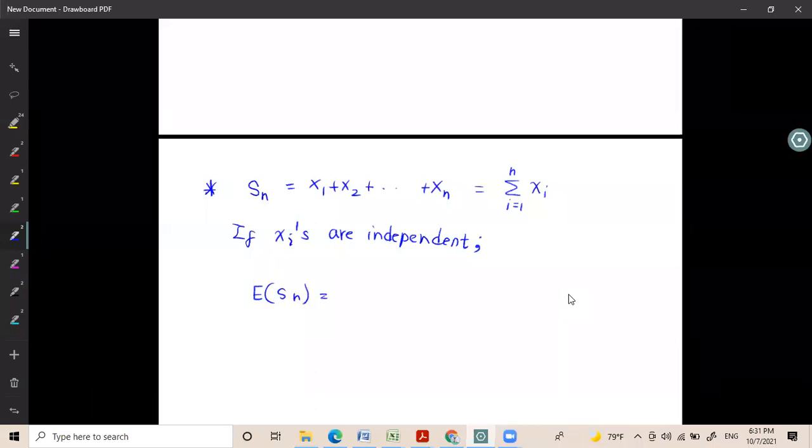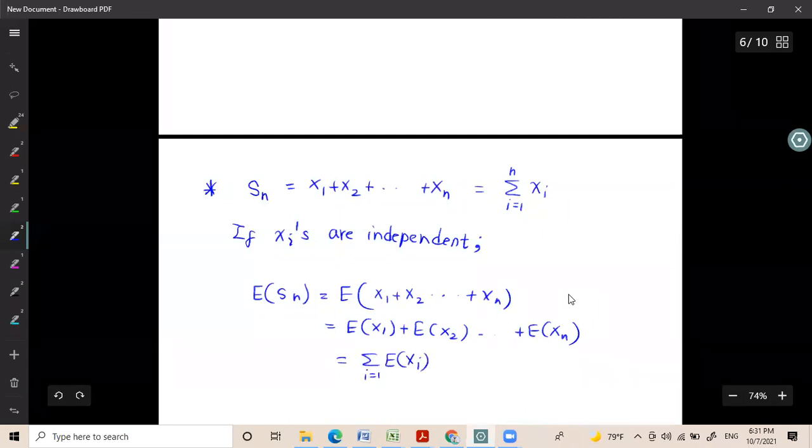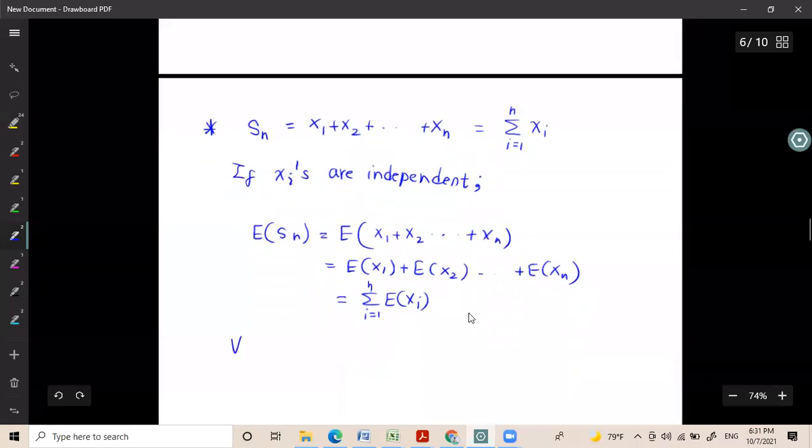What will be the expected value of Sn? That will be the expected value of X1 plus X2 up to Xn. Even without independence, you can write this as E[X1] plus E[X2] all the way up to E[Xn], which means the sum of E[Xi], i from 1 to n. And how do you write the variance of Sn?